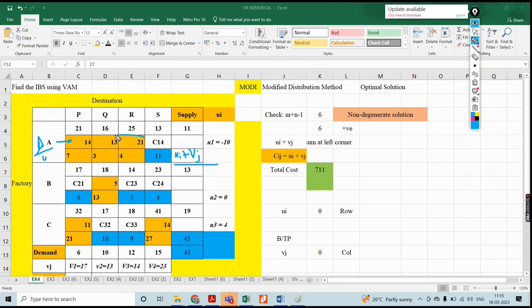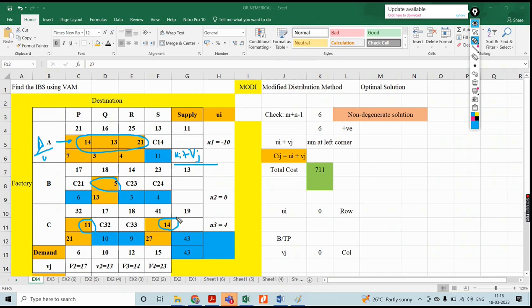You have to verify these delta values. Whatever values you got for delta, are they greater than 0, greater than or equal to 0, less than or equal to 0, or less than 0?